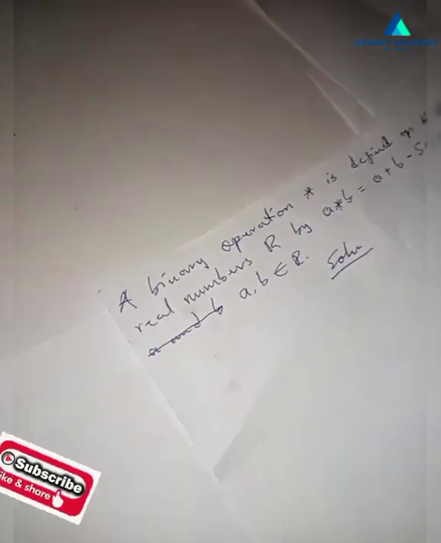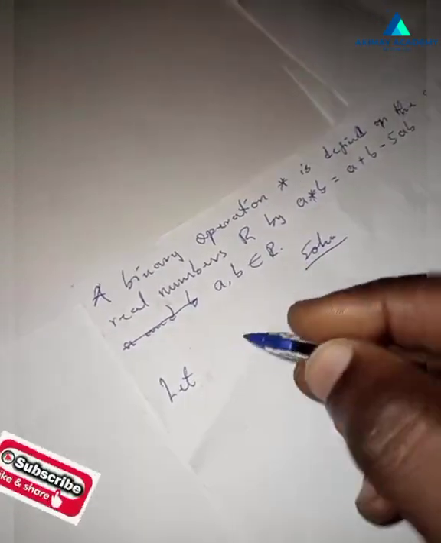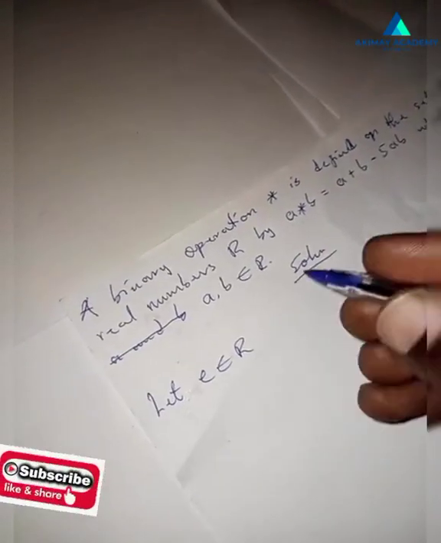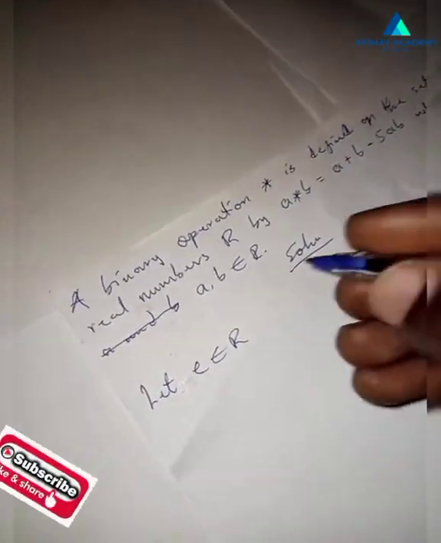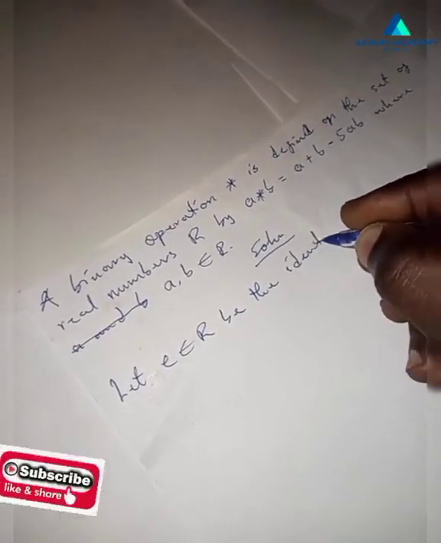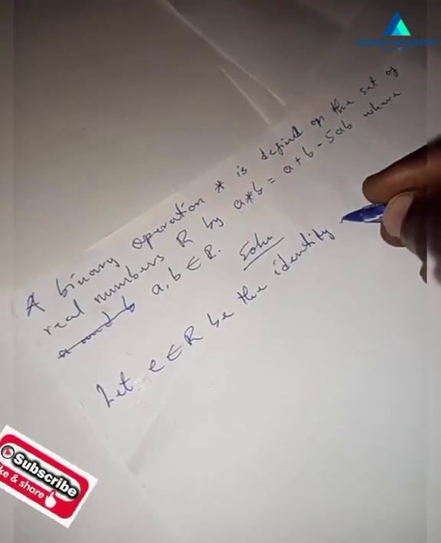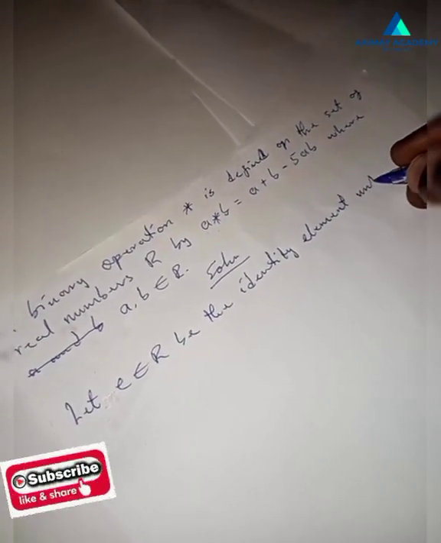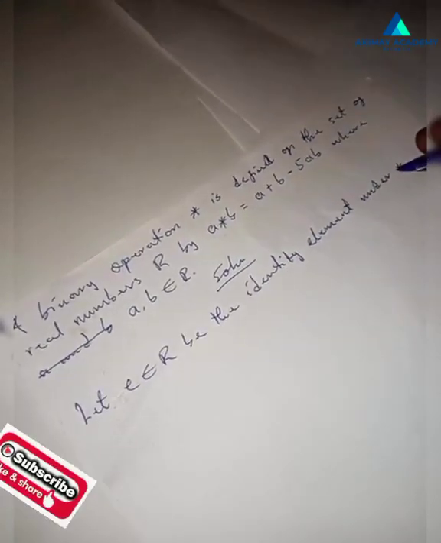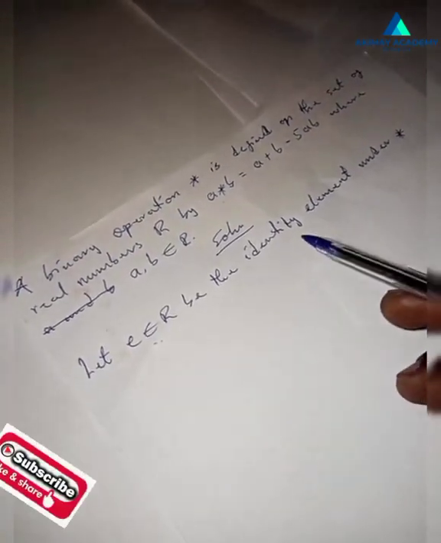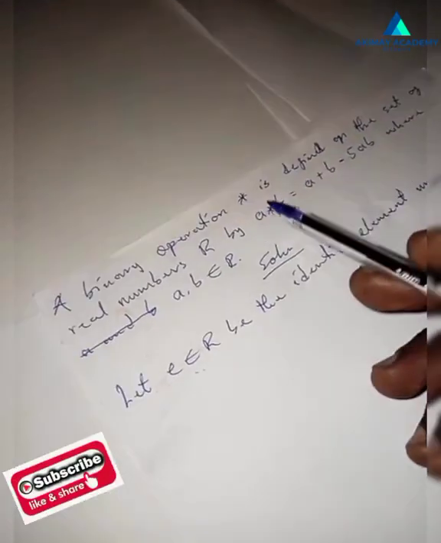So we just make a statement: let E, a member of R, where R represents the real numbers, all numbers in the world, be the identity element under asterisk, because the operation we are using here is asterisk.